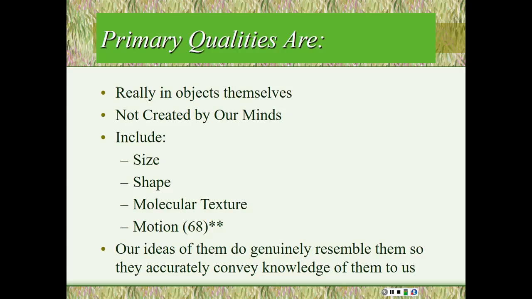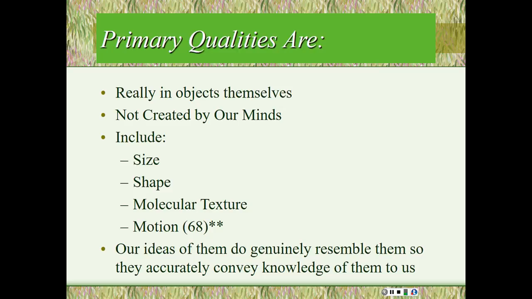Plus, I have an idea of the size of the whiteboard. Locke says our senses accurately convey to us information regarding the size of things. Size is another primary property for Locke. But now, again, that board is white with a silver or aluminum colored border around the edges.